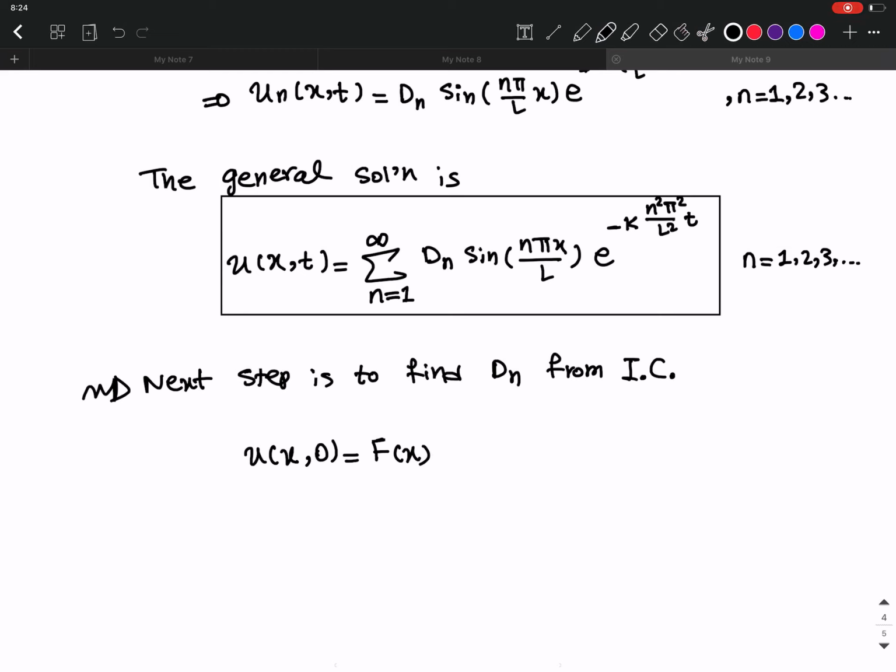And so this is going to give me u(x) at 0 from here: sigma n equals 1 to infinity of d_n sine n pi x over L, and then the second term is e to the power 0, which is going to be 1. Okay, so this equals f(x).